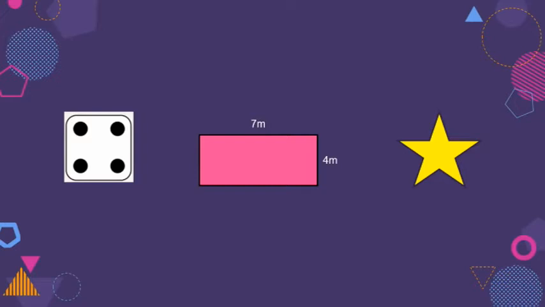Remember that it has 4 sides, Janan. 22. Is it 22? Okay, let us see if it's 22. 22 what, Janan? Do not forget the unit. 22 meters, correct. Very good.